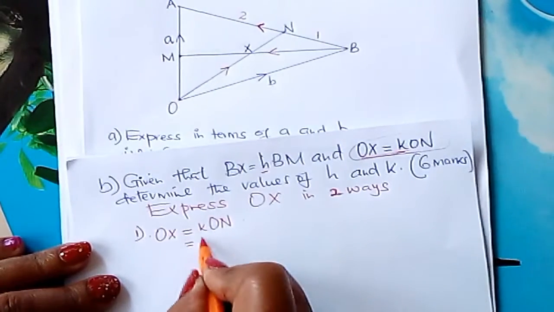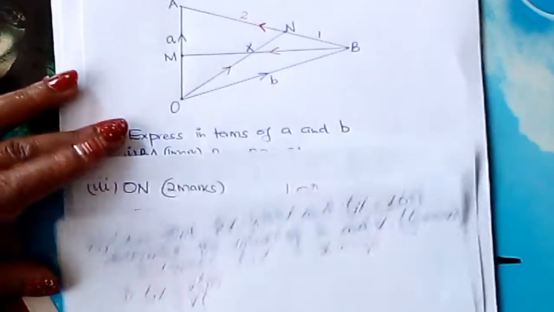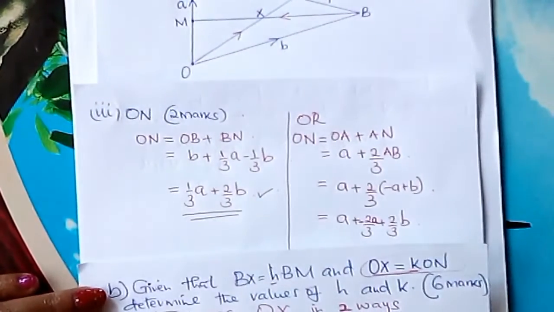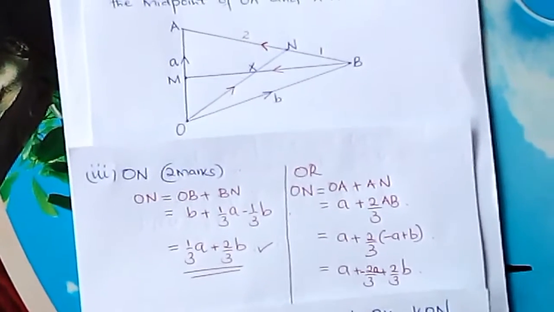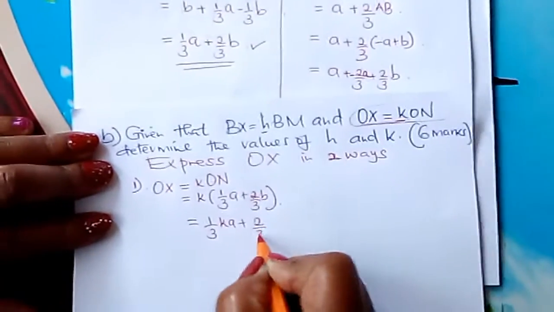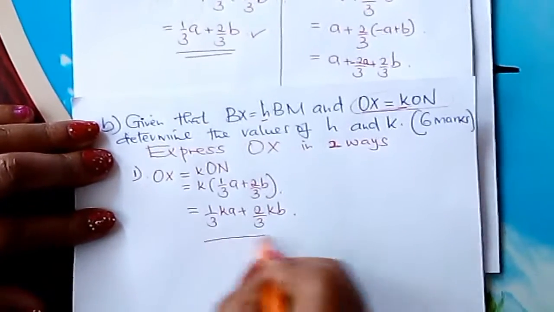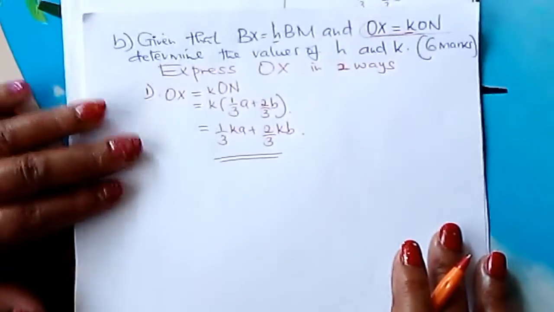What was our On, Lana? You look for the On. Our On was a third of A plus 2 thirds of B. You remove the brackets, you get Ka plus 2 over 3 KB. And so this is one of the ways of expressing OX.